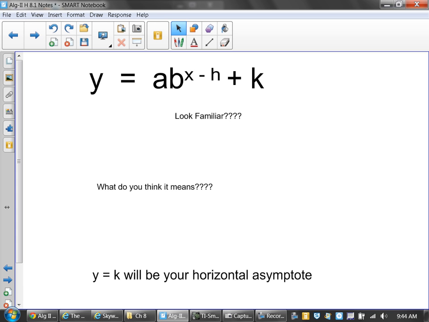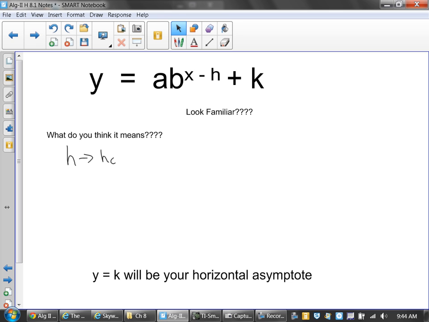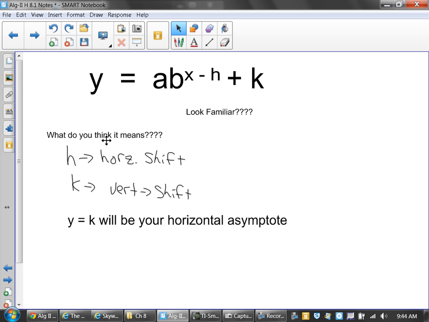So again, what happens here is your H is your horizontal shift, and your K is your vertical shift. Yeah. It is kind of standard form, if you want to call it that.